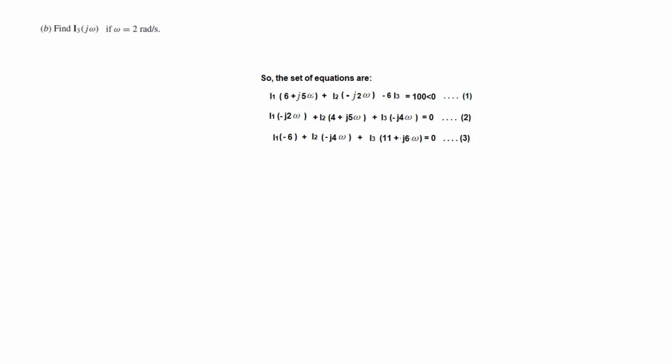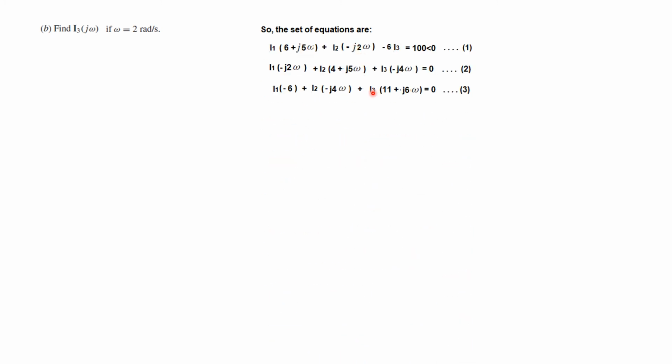Now we come to the second part. In the second part we have to find I3, by putting in the value of omega equal to 2. So all the three equations we have, these were the three equations in terms of omega. So we'll plug in the value of omega equal to 2 to get a new set of equations.